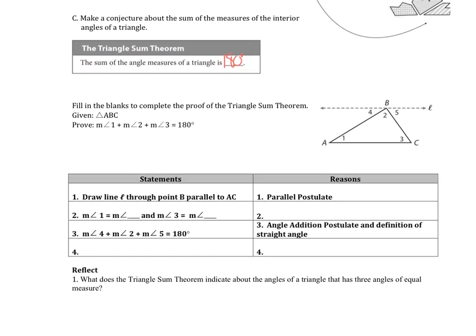So we're going to do a little proof here that proves this based on stuff that we know. So we start by drawing a line here that they say is parallel to AC down here.